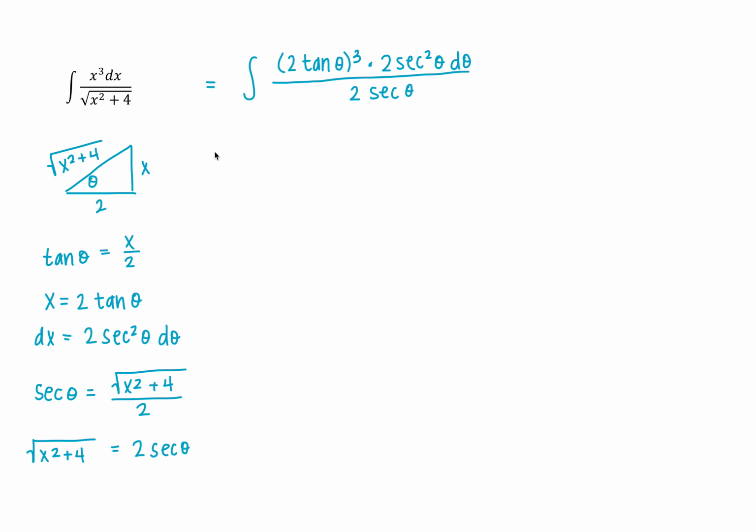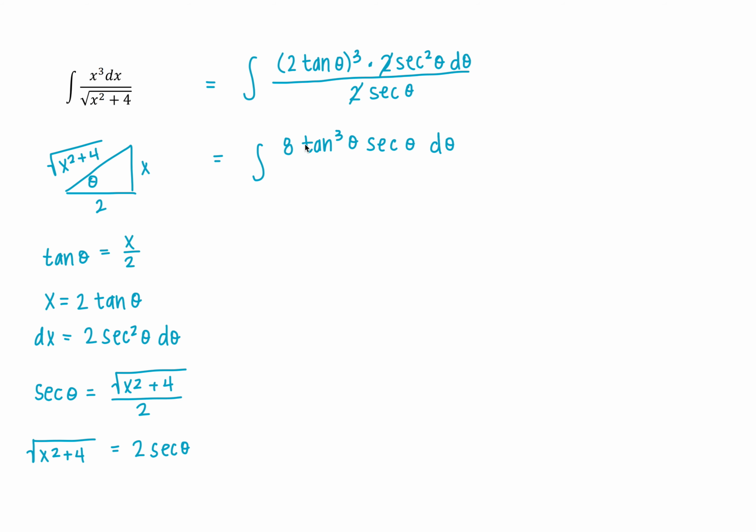So what do I have? Well, I now have 8 tangent cubed theta. The 2's are going to cancel. I probably wrote this too high. Secant goes into secant squared, so I've got 8 tangent cubed theta secant theta d theta. And again, probably doesn't need to be written so high because I don't have a fraction anymore, but it's all good.